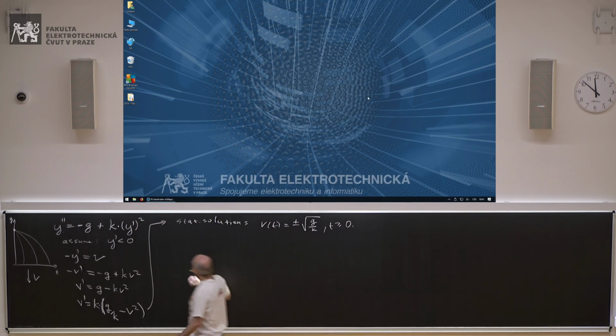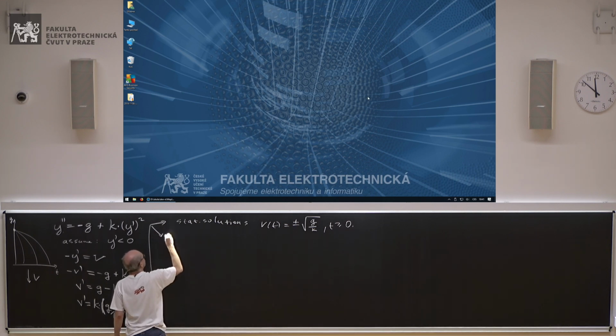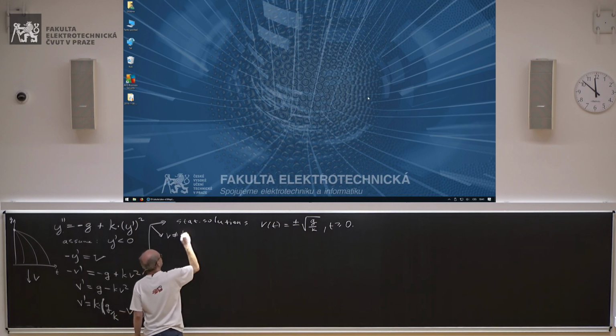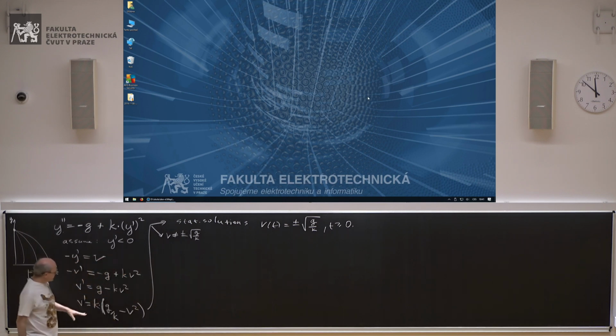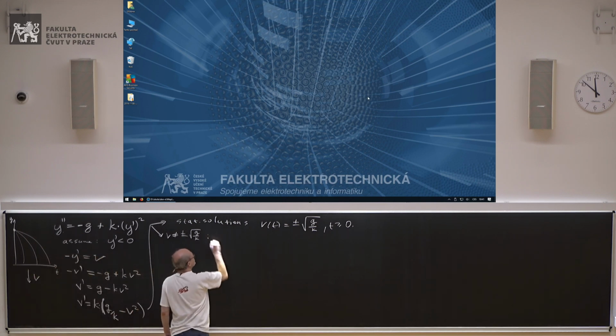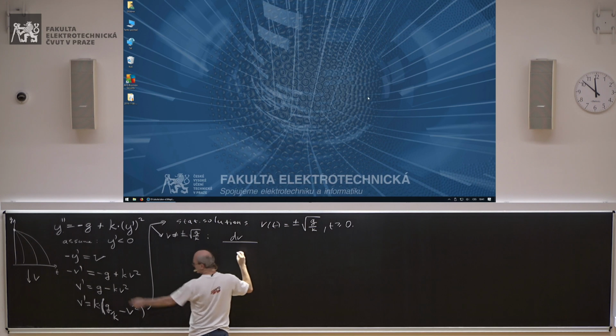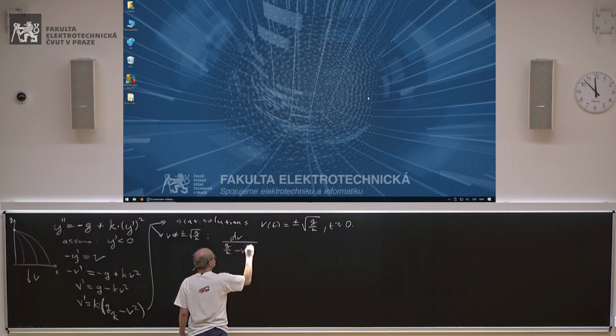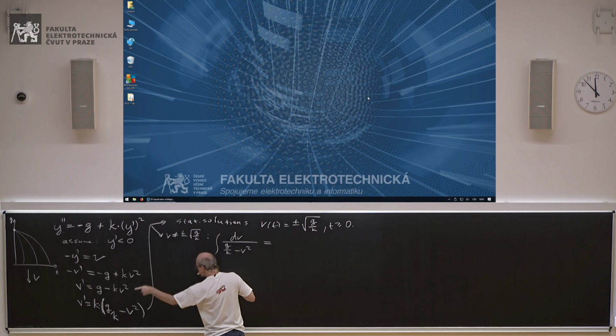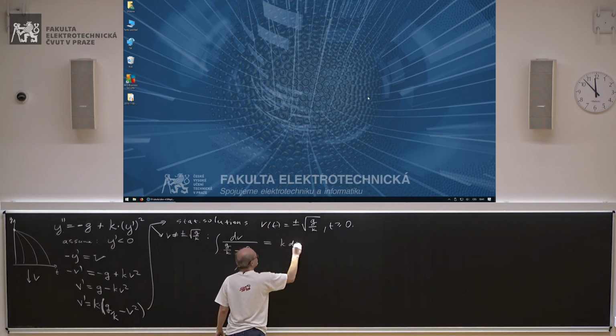Okay, let's move on. If v is not plus or minus square root of g over k, then we can do the separation and we get dv over... Okay, I'm going to keep k on the right. So on the left there will be just the integral of dv over g over k minus v squared, and on the right there will be k dt, and that's about it.